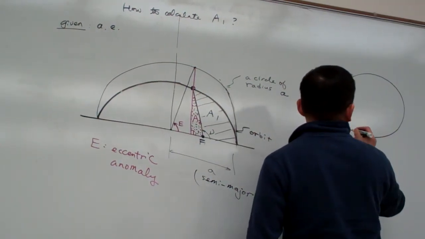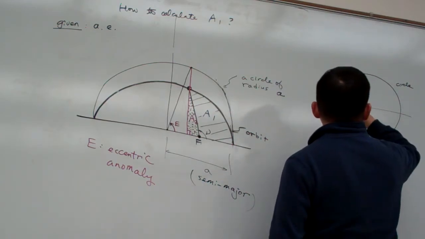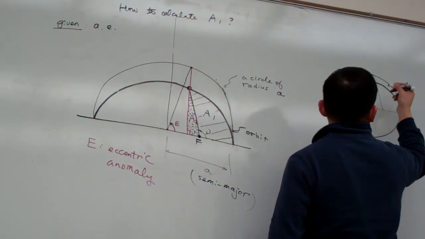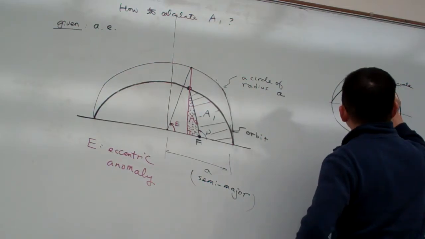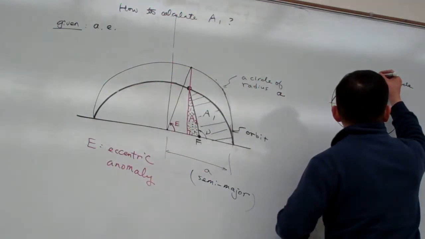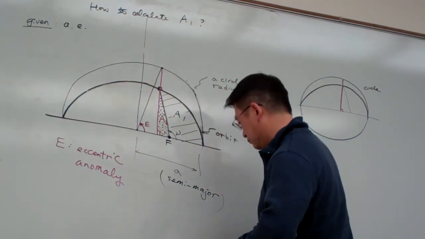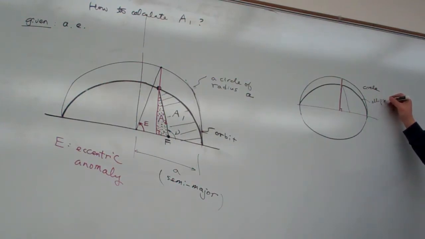So this is the circle, and the circle has the equation x squared plus y squared equals a squared.